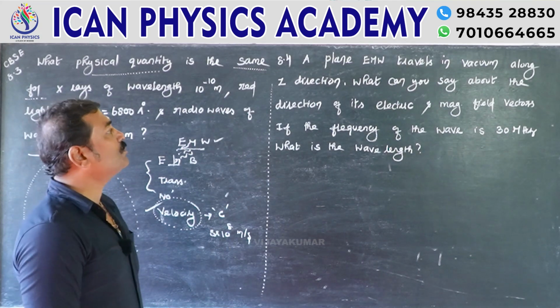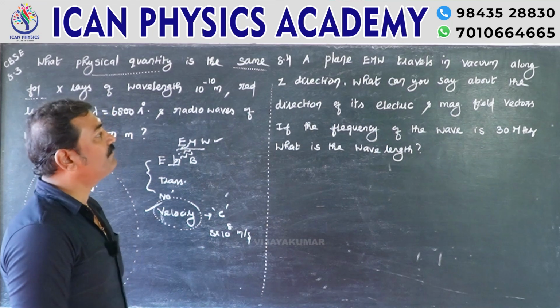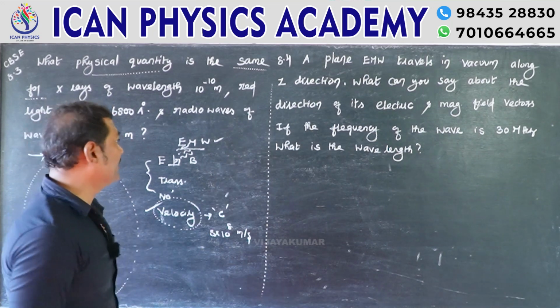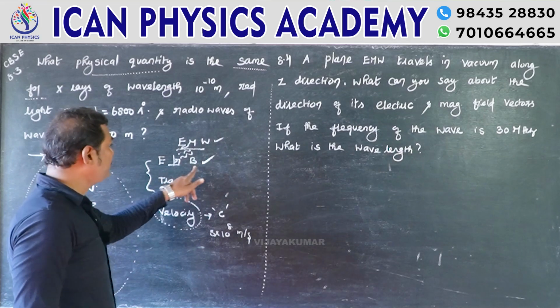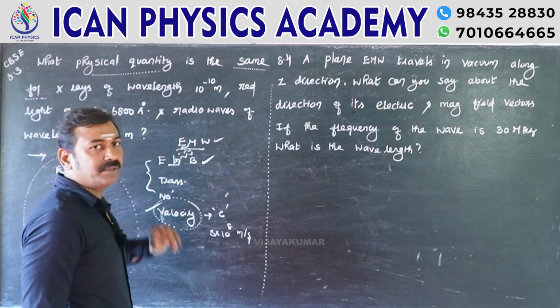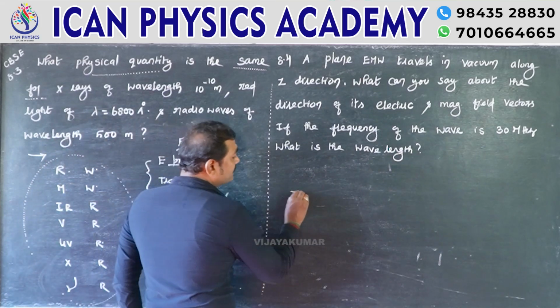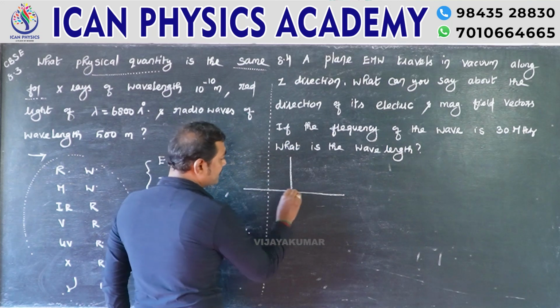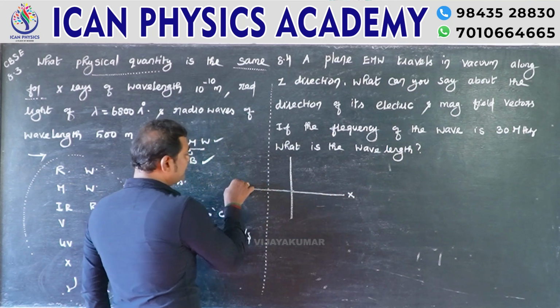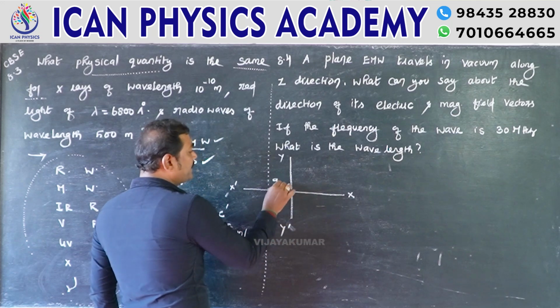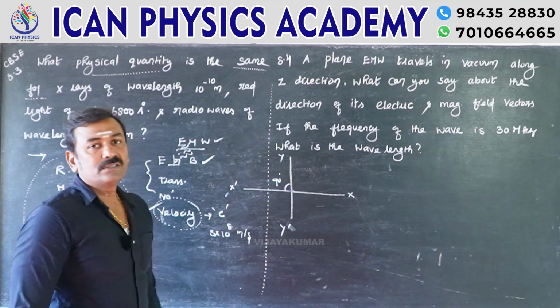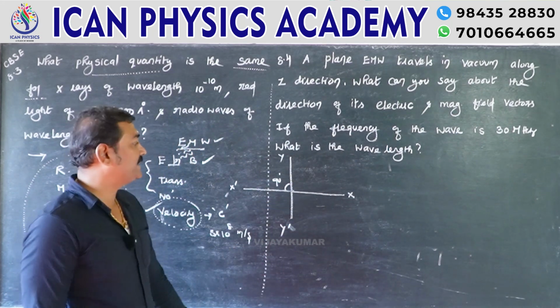A plane electromagnetic wave travels in vacuum along z direction. Just go to the topic. When electric field and magnetic field are acting perpendicular to each other, let us consider x dash, y dash. So it is acting at 90 degrees, so that they are acting perpendicular to each other.